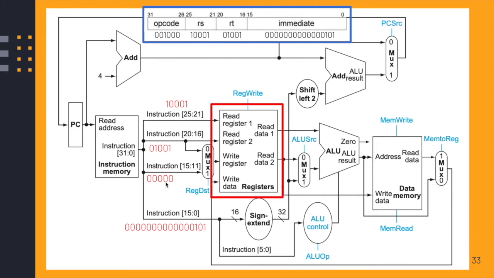And here the value or the number of register RD is useless and is discarded because we are not performing an R-type instruction, we are performing an I-type instruction, and that's why this data is useless to me. It does not mean anything, and I only care about the register number of RT.